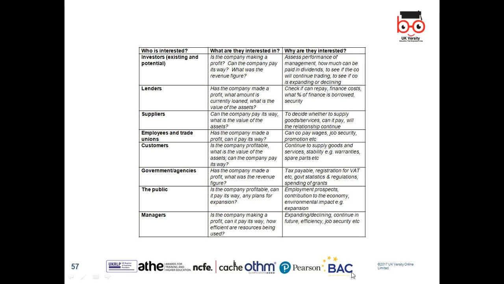Employees want to know whether they will stay with the company or not. Customers want to know, because they buy and are given a guarantee, whether the company might dissolve the next day. Government agencies check that tax has been paid. The public will see how many jobs are offered. Managers look at performance and bonuses. So those are the interested parties, what they do, and the way they make decisions.